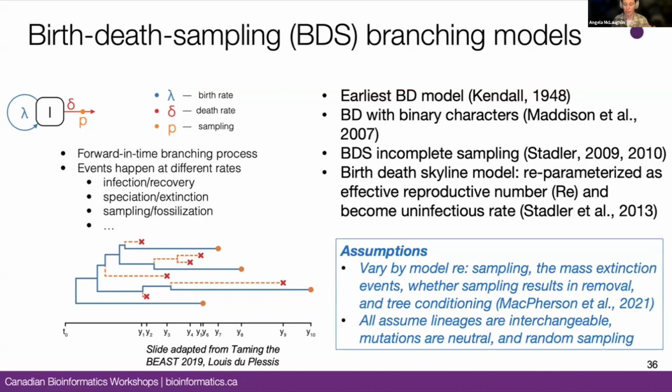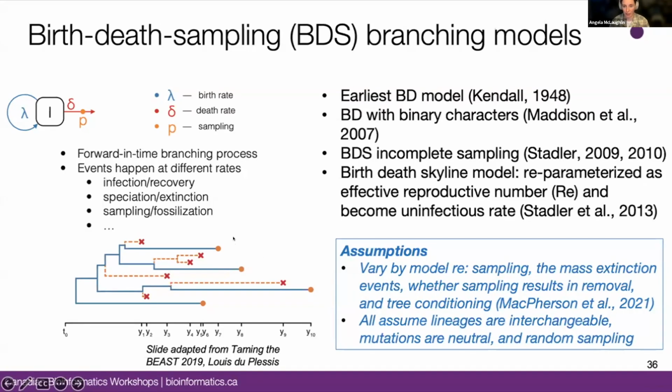In a pathogen context, this would be recovery or removal due to sampling or death. Or in a macroevolutionary context, this would be extinction. And then we also have, in some birth death models, incomplete sampling or the fossilization process.